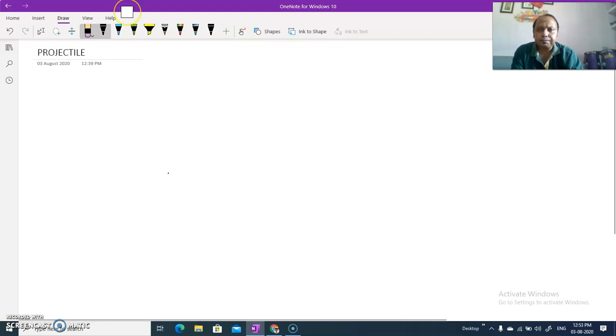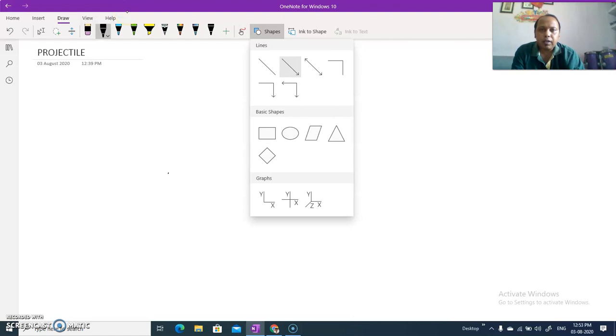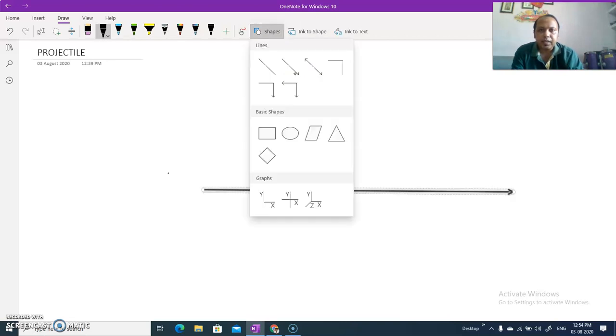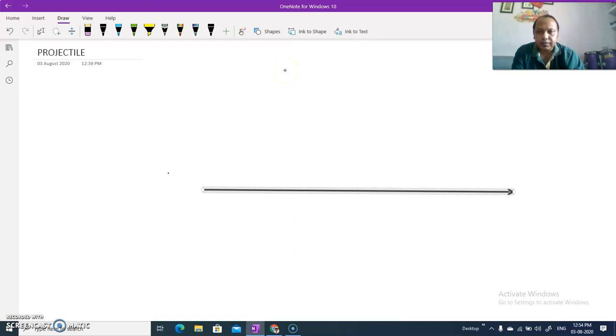Now see here, let me take an axis. Let this be the x-axis, and another axis I take, let it be the y-axis. Suppose a body is thrown from the origin.